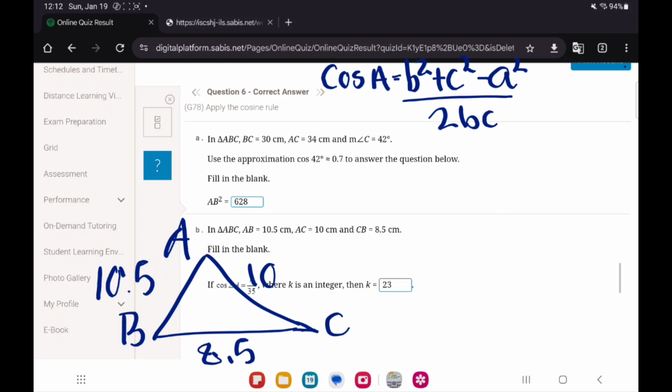Okay, we don't have any angle, and that's why we are using the cosine rule.